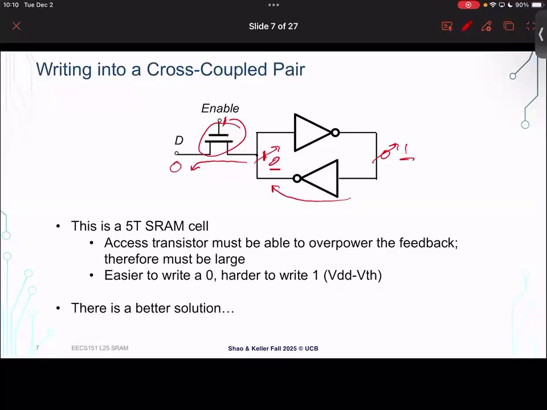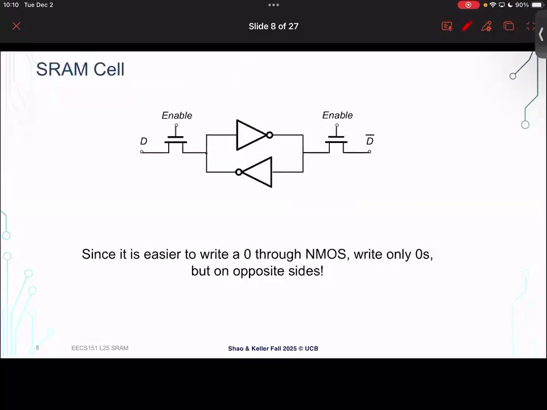So one option would be to add a PMOS to do the pulling up. But a more common option to design the classic 6T bit cell in our SRAMs is that we're just going to add another NMOS on the other side. This makes the sizing easier. This makes the layout easier because it's symmetric. It's easy to reason about. And so now we have this nice case where you're always pulling down with an NMOS if you want to write.